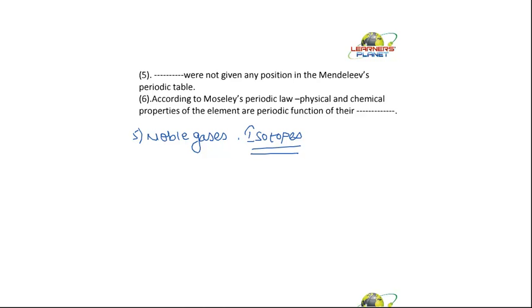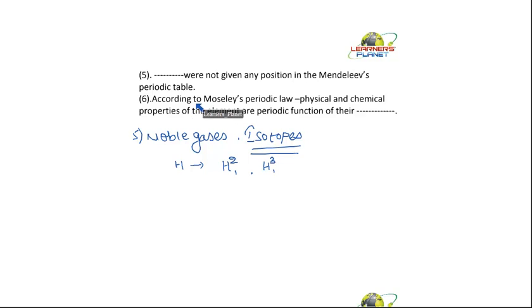These are different forms of elements with the same atomic number but different atomic masses. Say for example, hydrogen has 2 isotopes, deuterium with mass 2, number 1, and tritium with mass 3, number 1. Right? So they were not given any position in Mendeleev's periodic table.